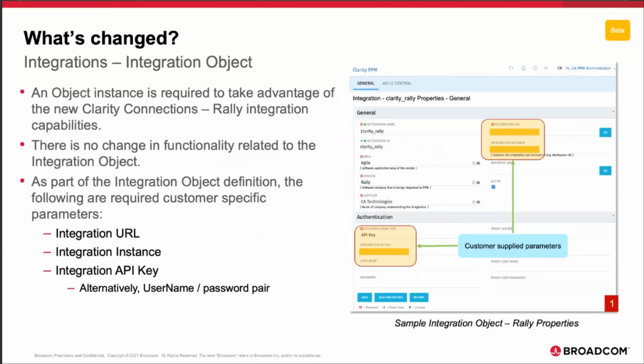There are some required attributes that are needed to support these Clarity connections in terms of the integration URL, the integration instance, and the API key. Note the referrer URL is used if the timesheet integration is in use, but it's not necessarily needed for what we're going to be walking through here in a second.